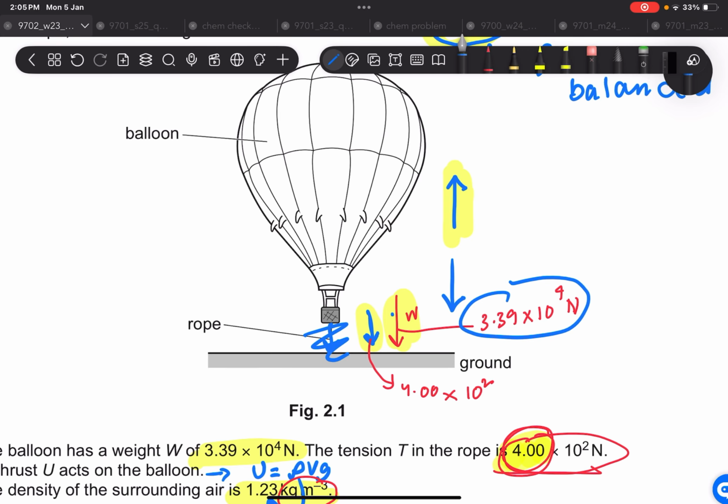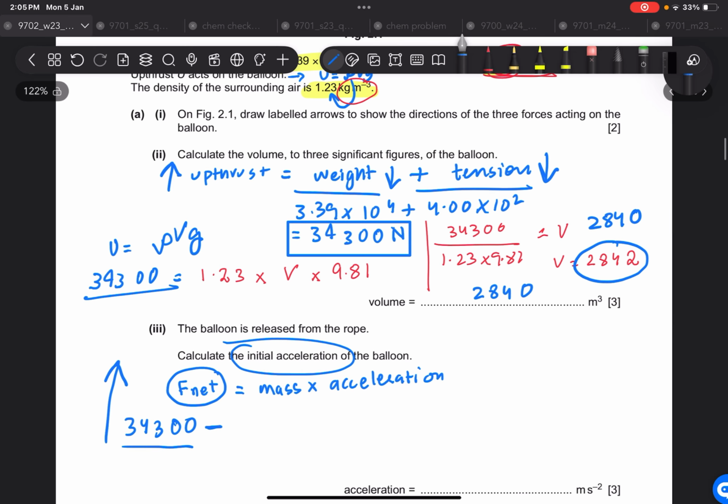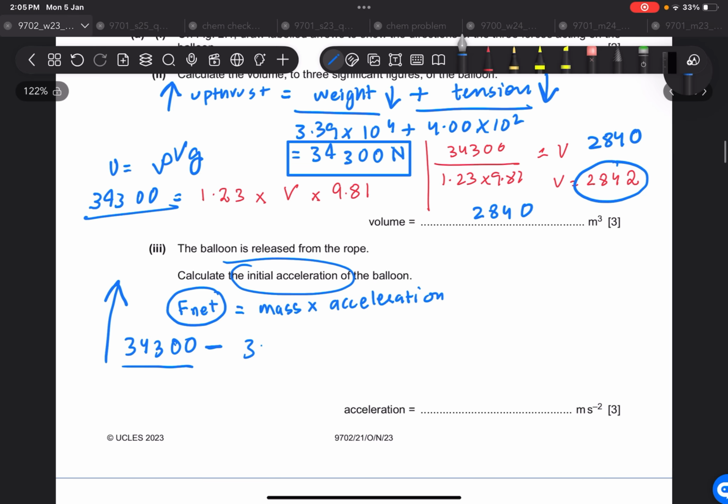So 3.39 into 10 raised to power 4. Let's see what my resultant force comes out to be. 34300 minus 3.39 into 10 raised to power 4, and that gives me 400 newtons. Now 400 newtons, the resultant force, equals mass times acceleration.